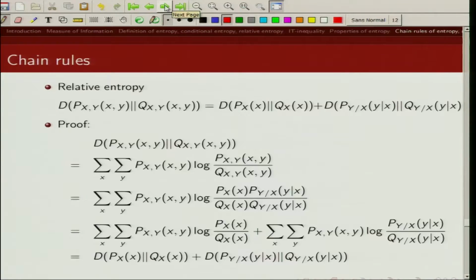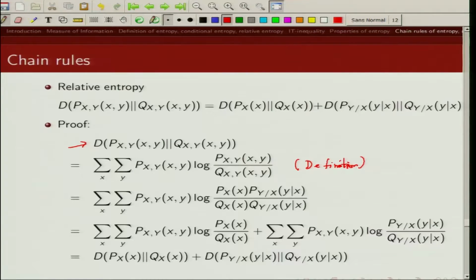What we do first is, from the definition of divergence, we write the expression for the divergence between these two probability distributions p of xy and q of xy. So this follows from the definition.